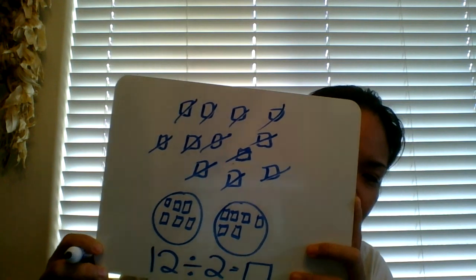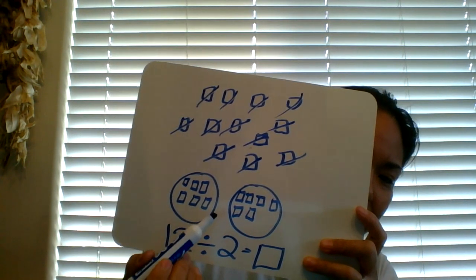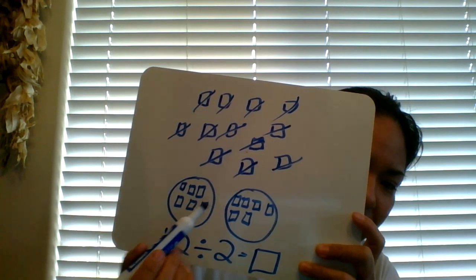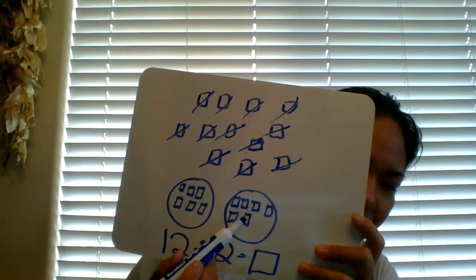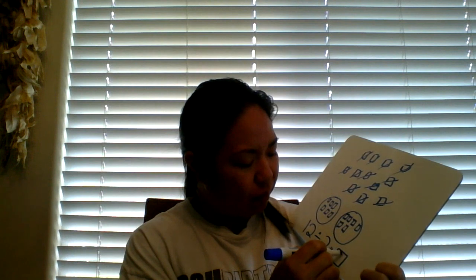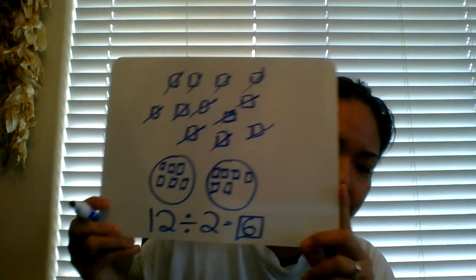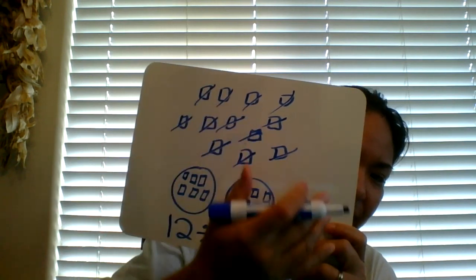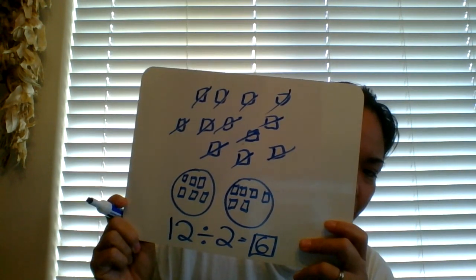Oh, I think I did it already. 1, 2, 3, 4, 5, 6, 7, 8, 9, 10, 11, 12. So there we go. We should have 6 Pokemon cards on Oliver's side and then 6 Pokemon cards on Manuel's side. So my answer would be 6. I took 12 cards and I split it up evenly between the two groups.